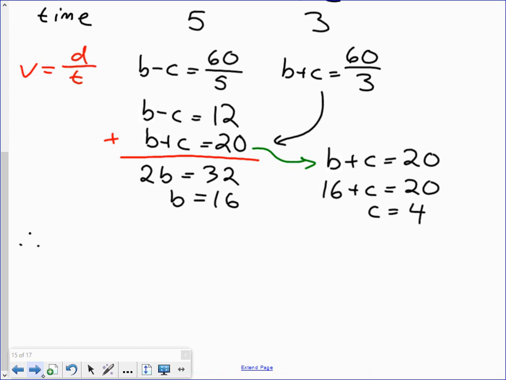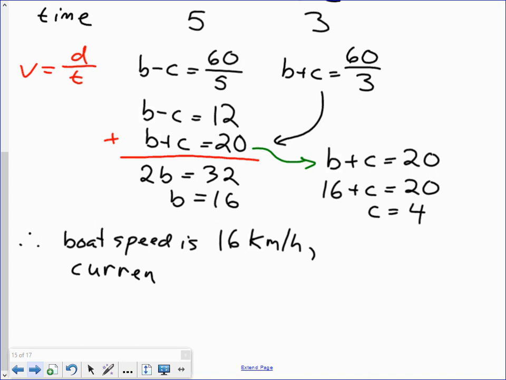So our boat speed is 16 kilometers per hour. And our current, our value for C, 4 kilometers per hour. And then we are done.